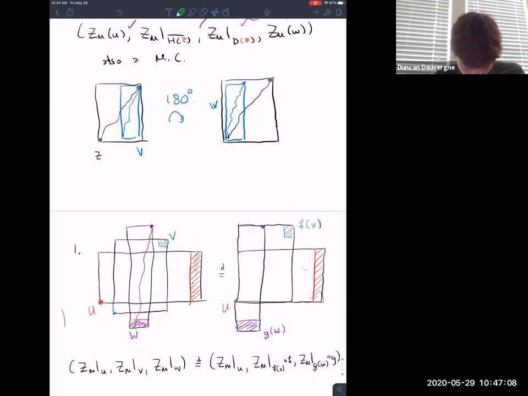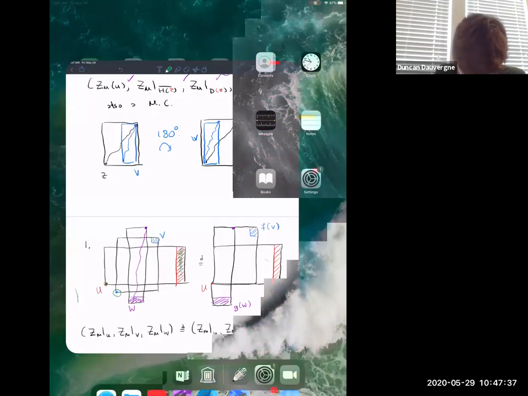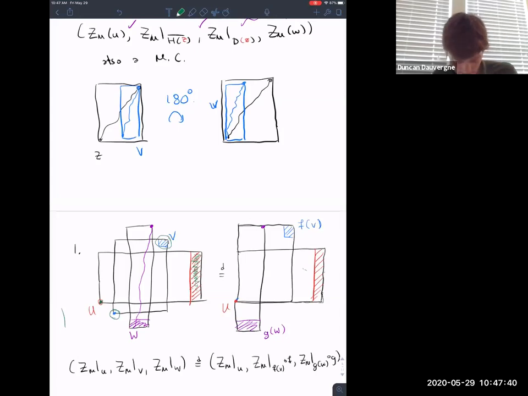And I'm going to think of this capital U as all boxes whose southwest corner is over here and whose northeast corner is somewhere in here. So U is a collection of boxes. Capital V is all boxes that start here and end somewhere up top there. And W is all boxes that end up here and start somewhere down here.